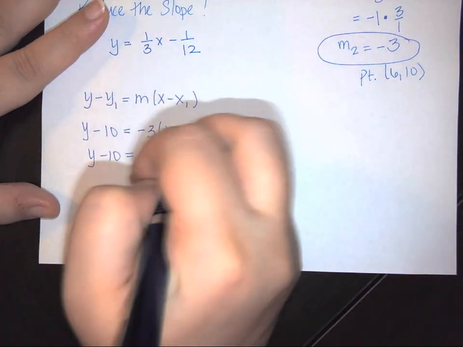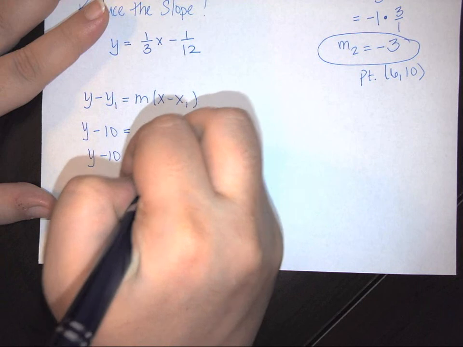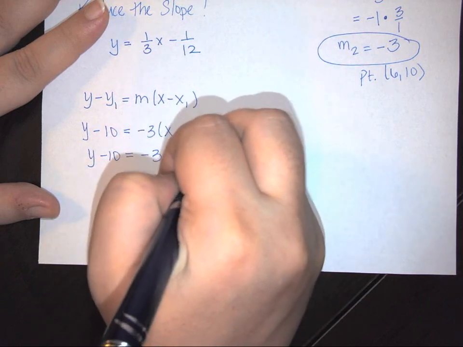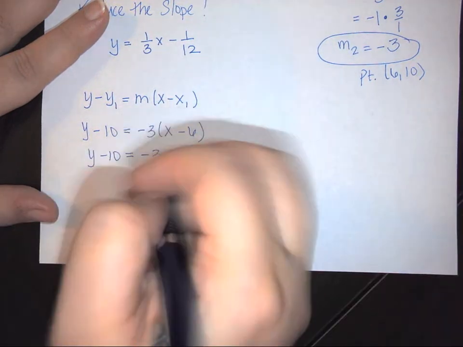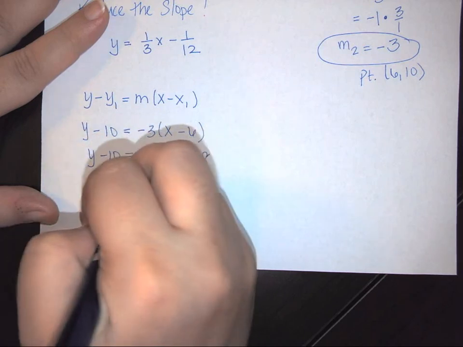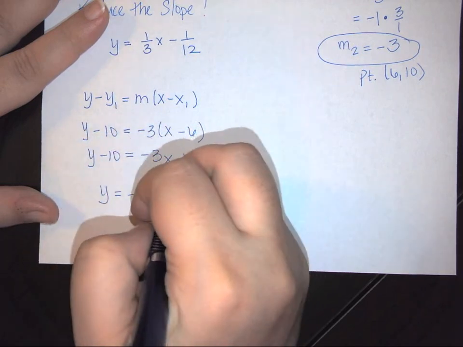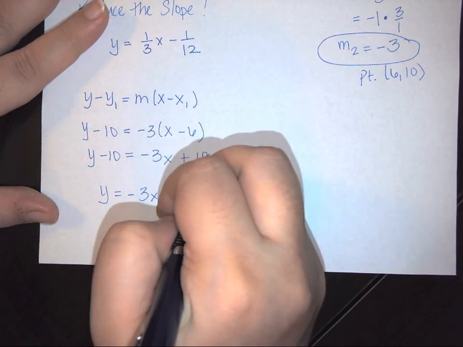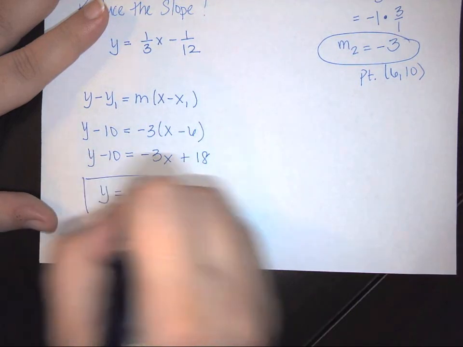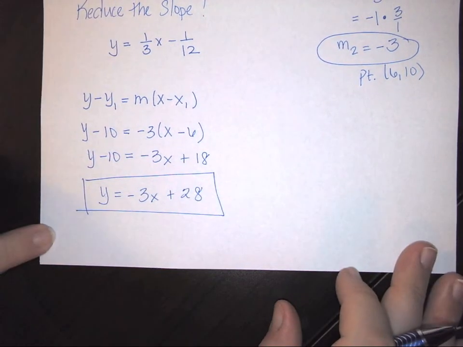Y minus 10 is equal to a negative 3x plus 18. So y is equal to a negative 3x plus 28. And here is my perpendicular line.